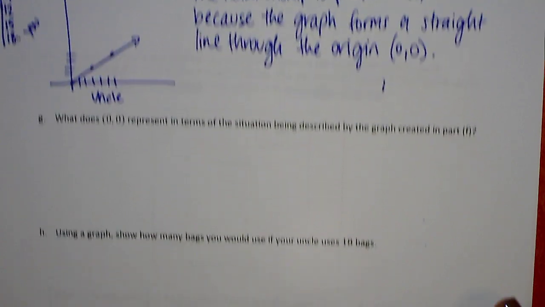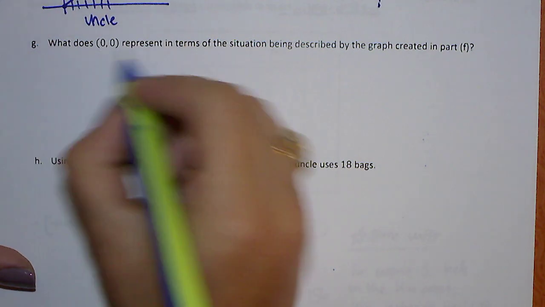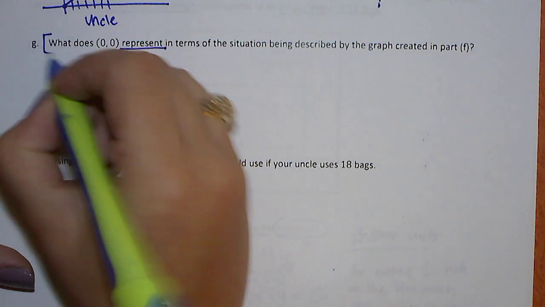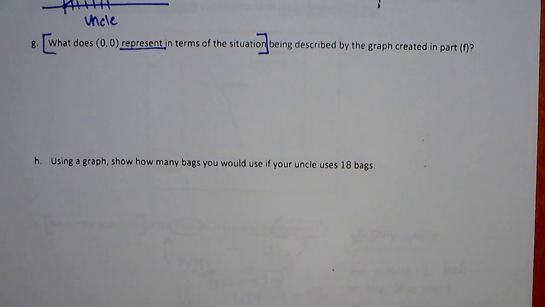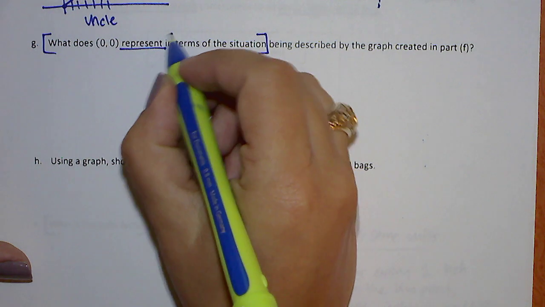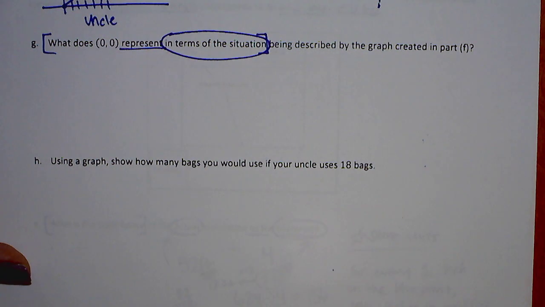For part G, it asks you, what does 0, 0 represent in terms of the situation being described by the graph? So you needed to describe what 0, 0 represents in terms of the situation. In terms of the situation means that you're not just telling me it's the origin.